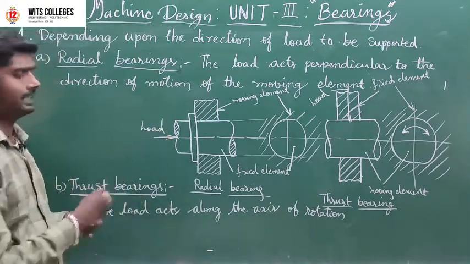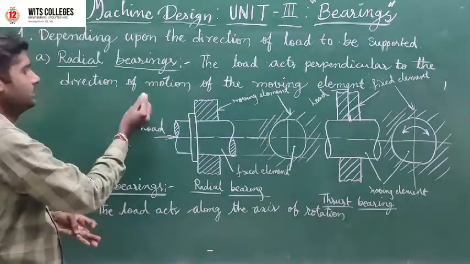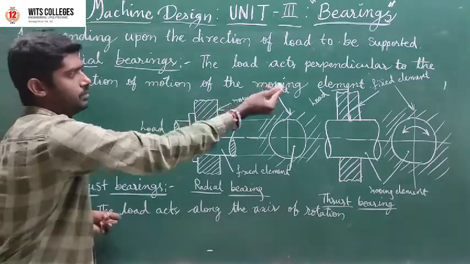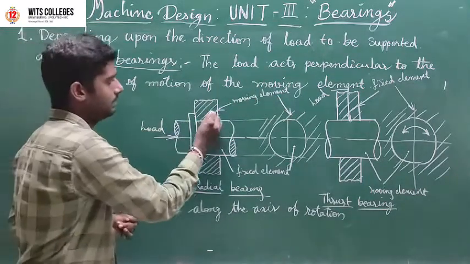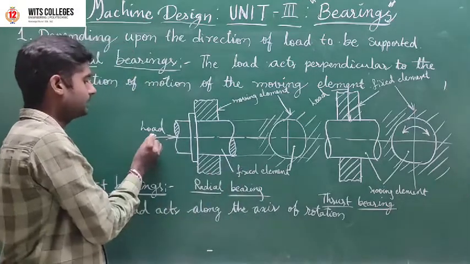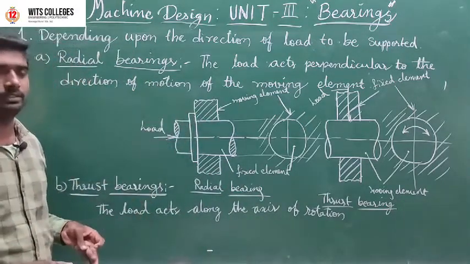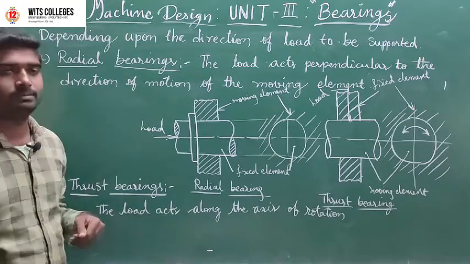The load acts perpendicular to the direction of motion of the moving element. This is the moving element and this is the fixed element. The direction of the load is perpendicular to the motion in radial bearings.